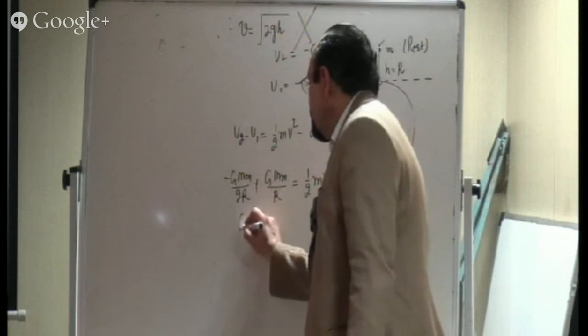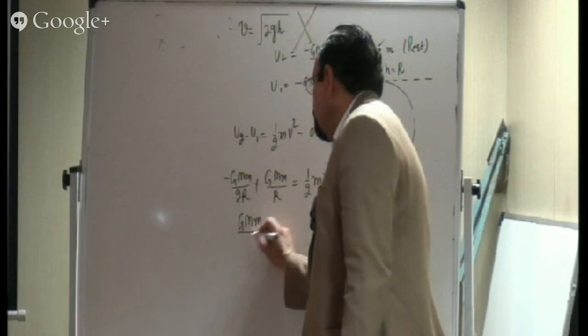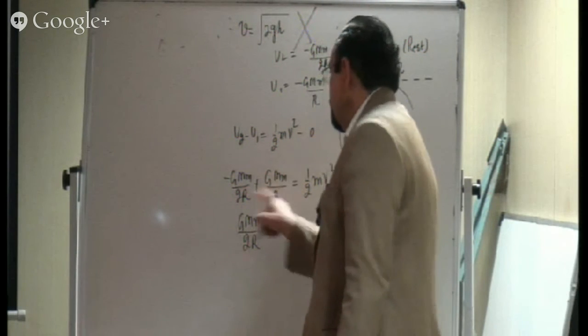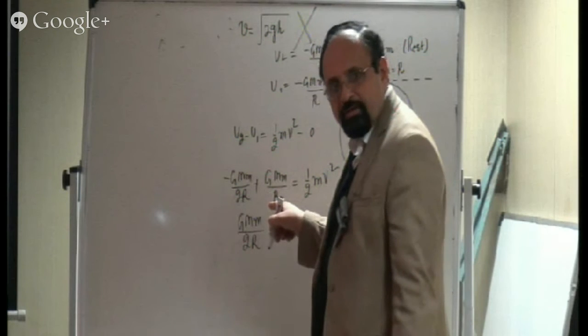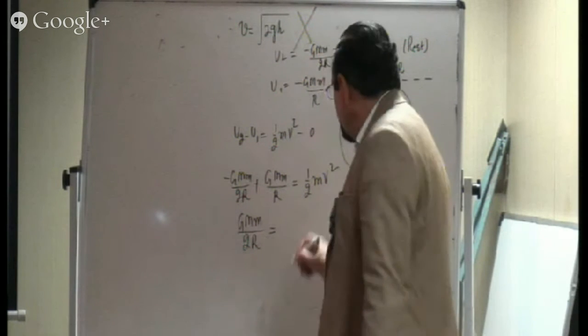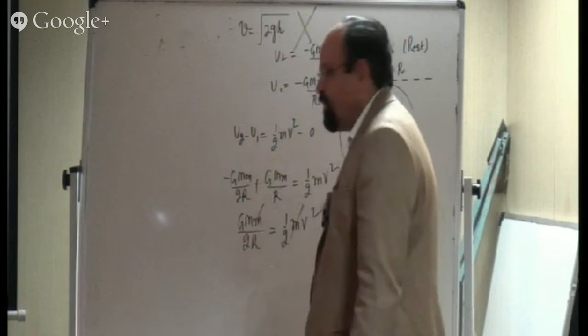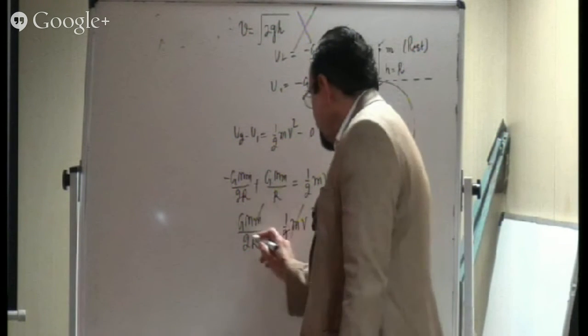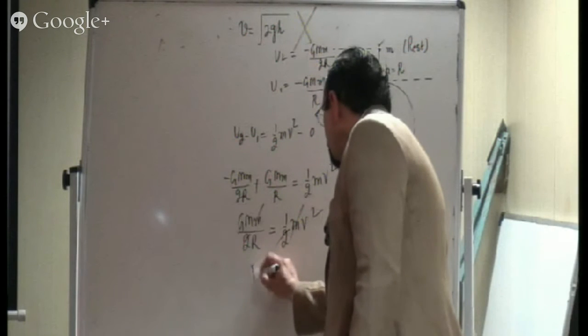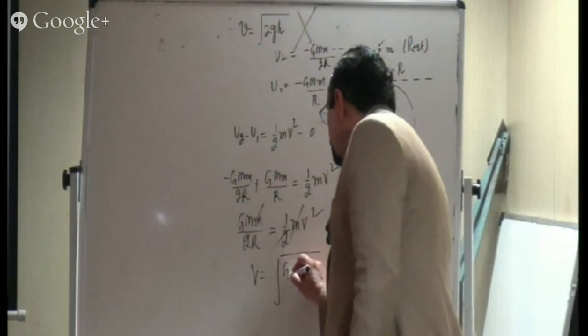If you add, this becomes GMm by twice of R, minus half plus 1 will make it positive 1 by 2. It is once again half mv square. Small m will be out. This 2 and 2 will be out, and your velocity will become under root of GM by R only.